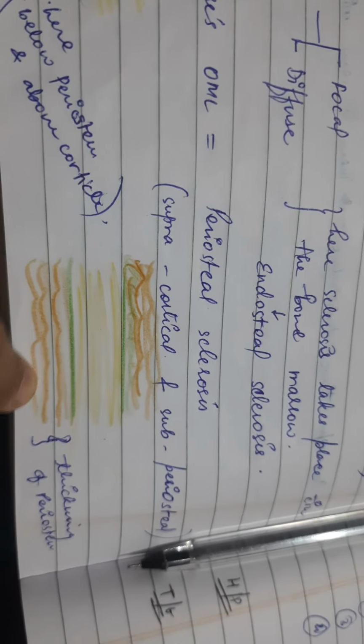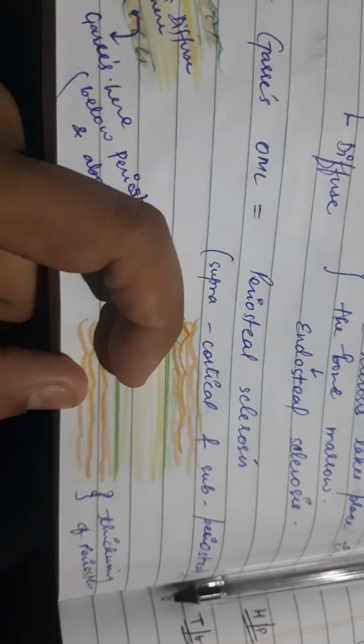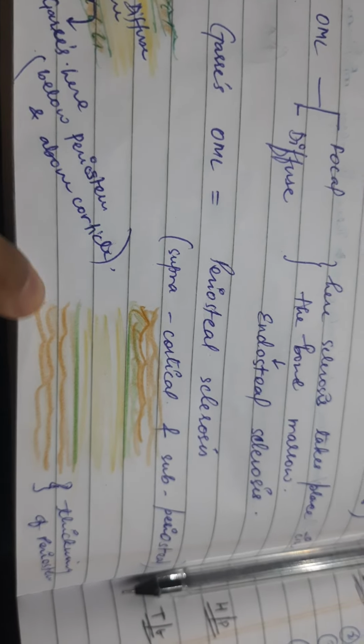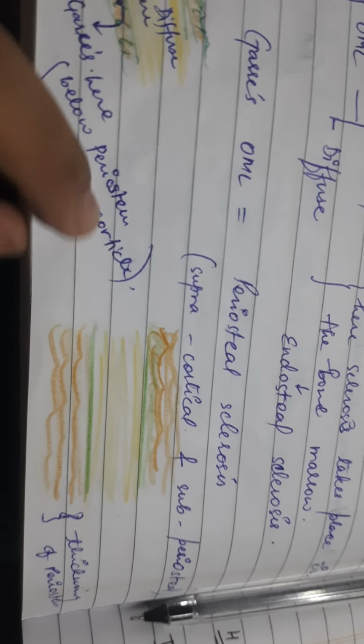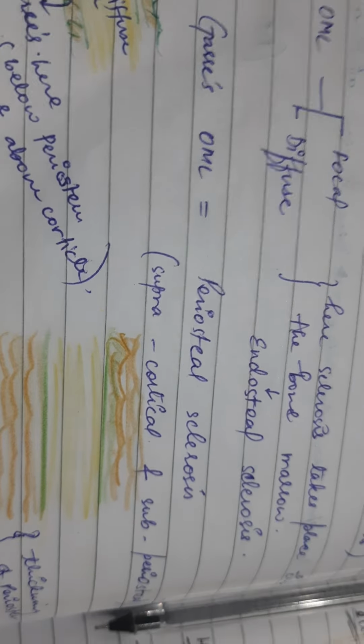There is thickening of the periosteum as the sclerosis spreads, and prominent reversal and resting lines are present, giving an onion peel appearance.